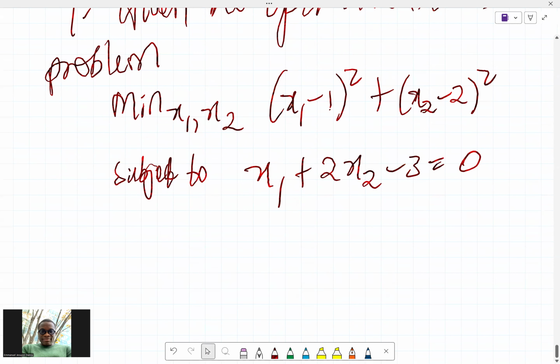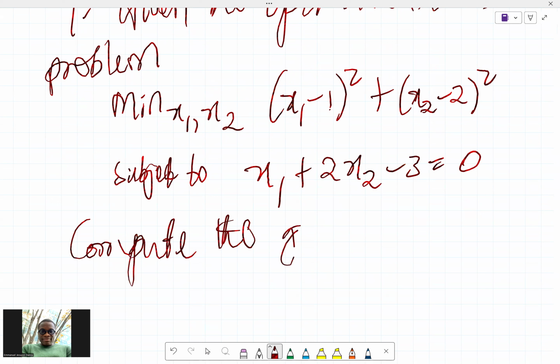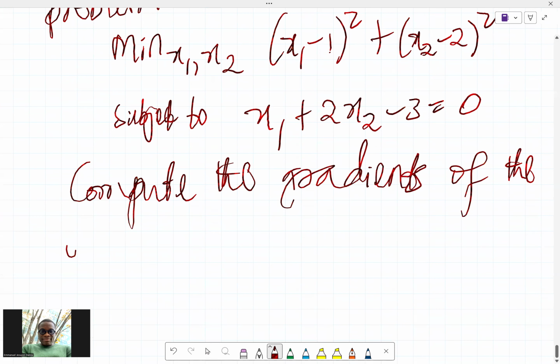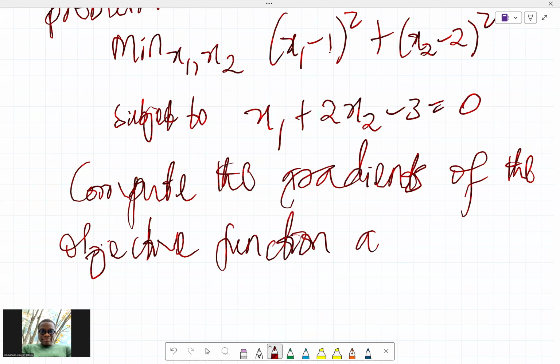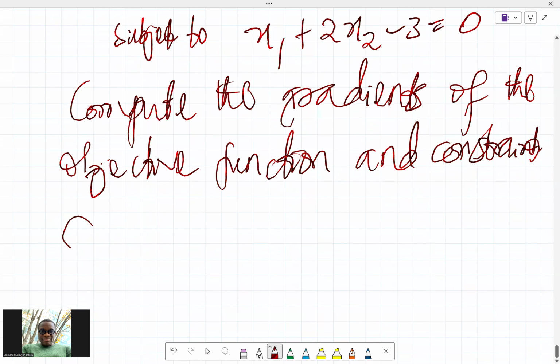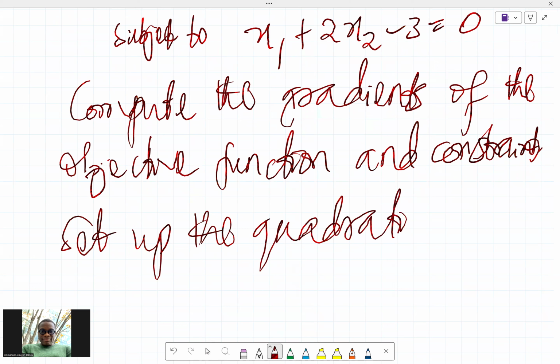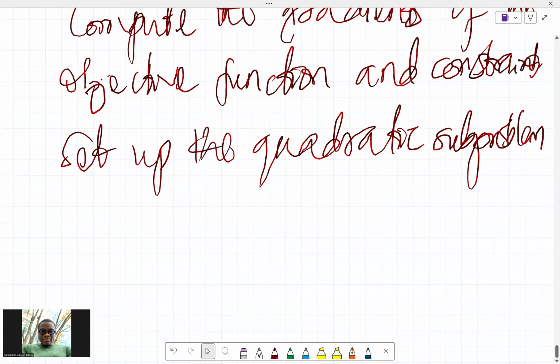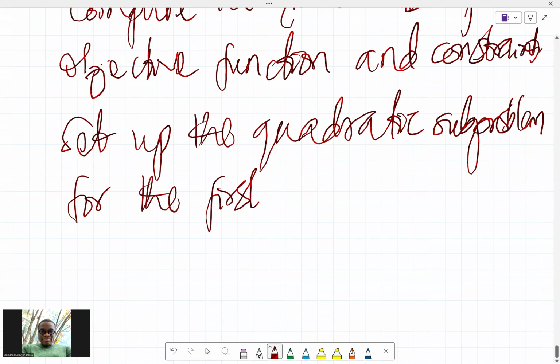Here we have only one equality constraint. Compute the gradients of the objective function and constraints. Next, set up the quadratic subproblem for the first iteration. That's question 1.